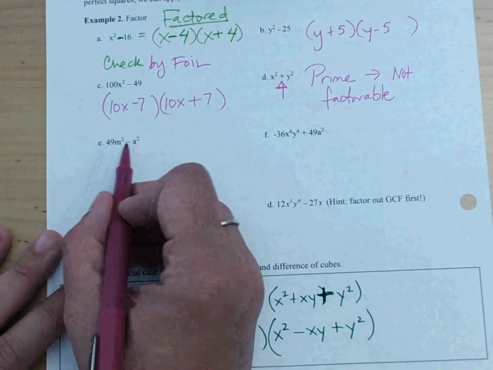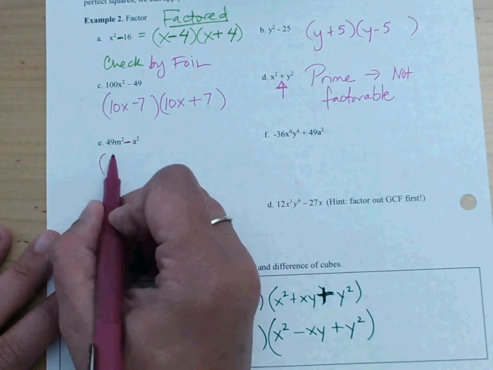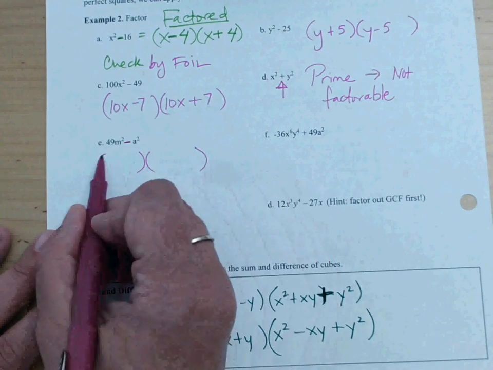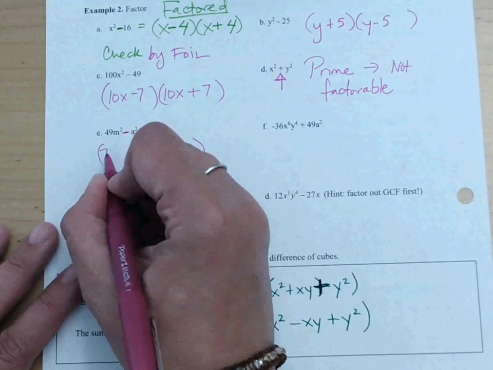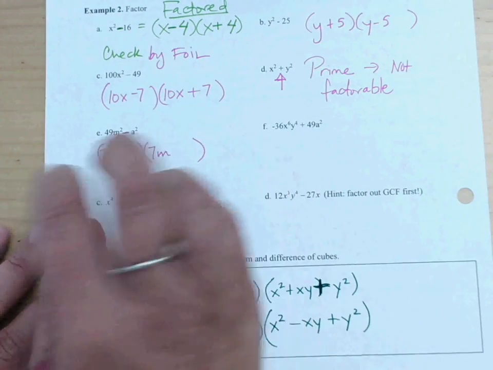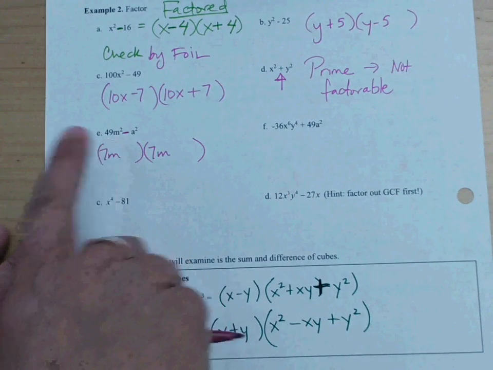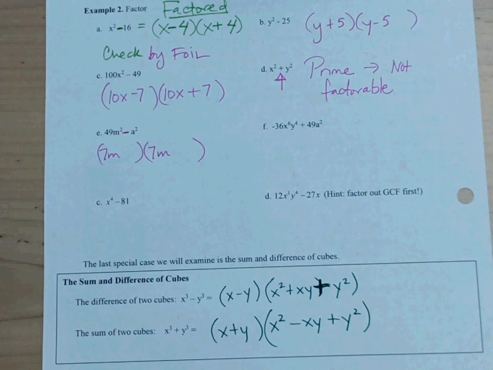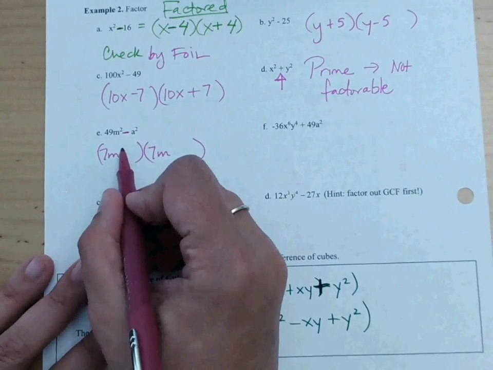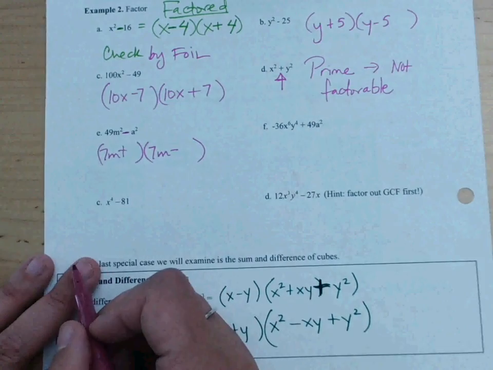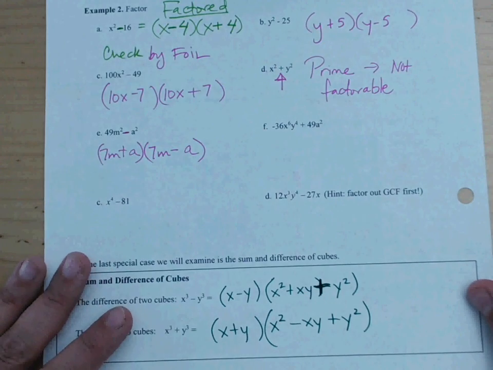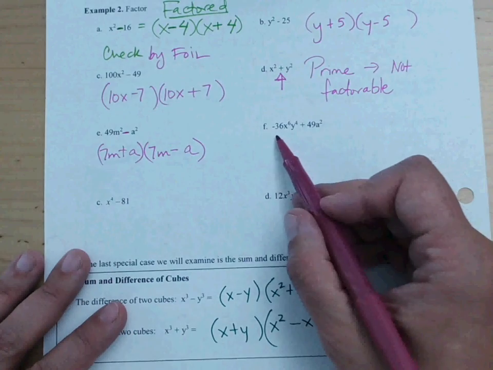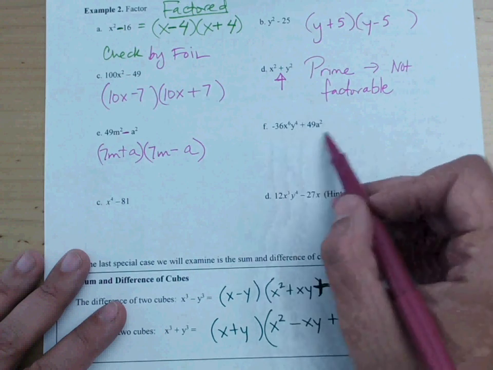Here we have difference. It's always going to be subtraction of 2 squares. So who can tell me what is the first part? 7m, because 7m times 7m gives you 49m squared, yeah? Tell me about the signs. Plus and minus. Does everybody see where we're getting this A here? Yeah? What do you want to do about this one here?